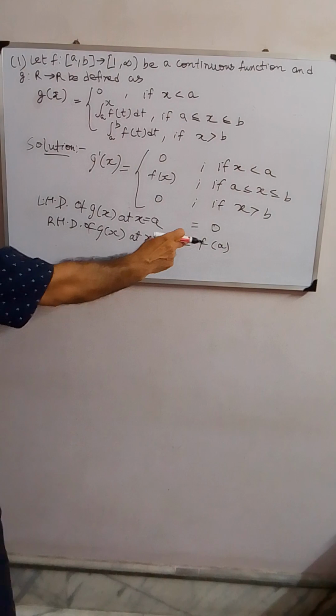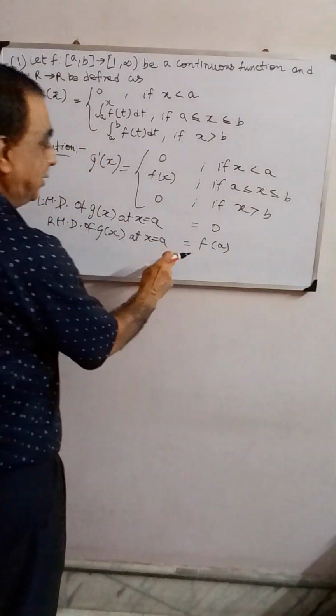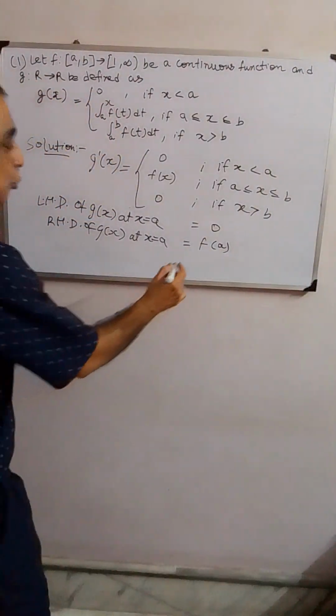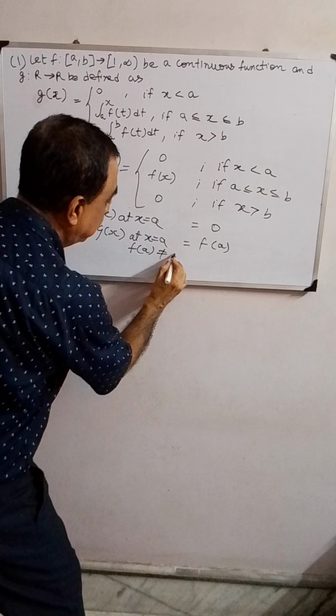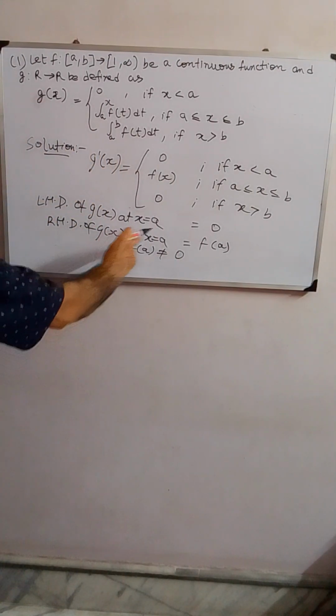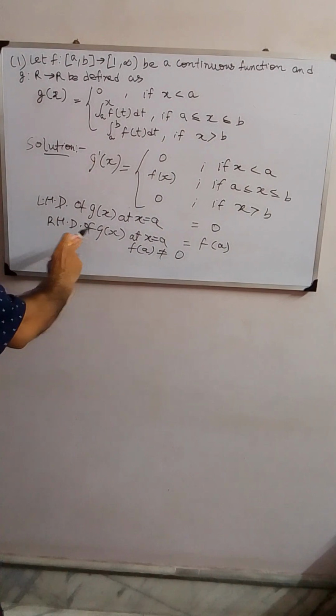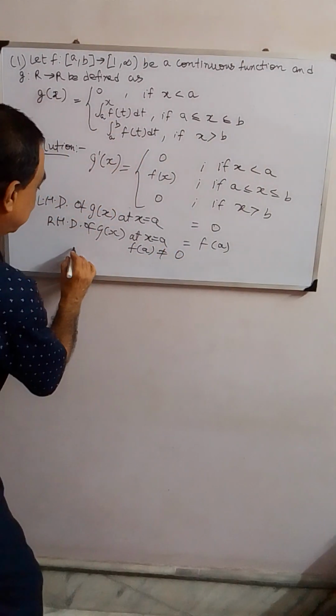So the left hand derivative at x equals a is 0 and the right hand derivative of g(x) at x equals a is f(a). So f(a) is not equal to 0. So the left hand derivative of g(x) at x equals a is not equal to the right hand derivative of g(x) at x equals a.